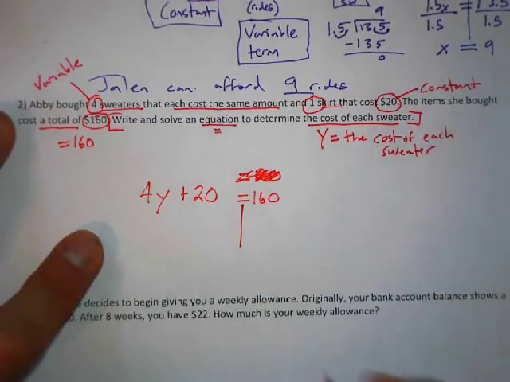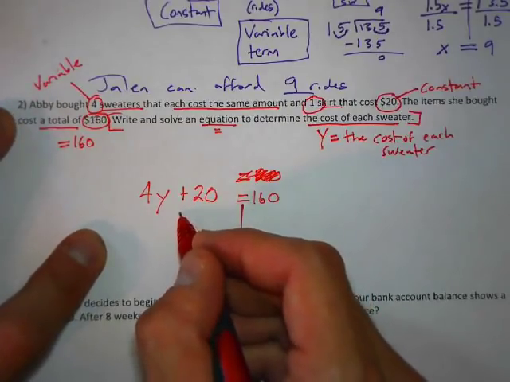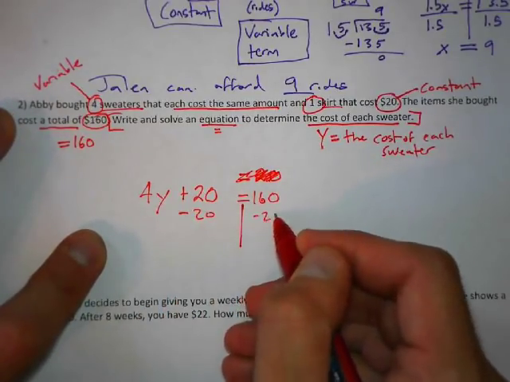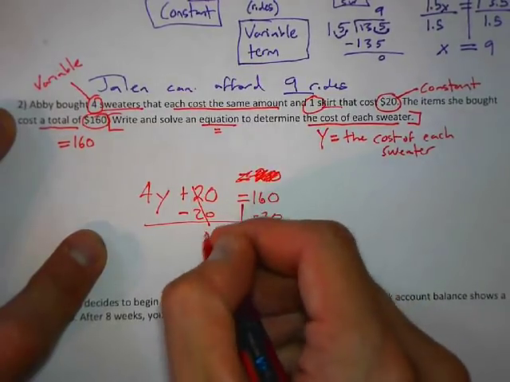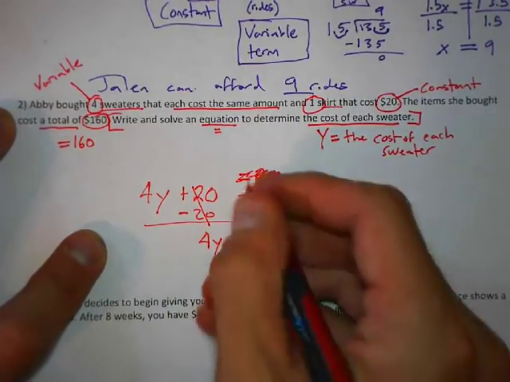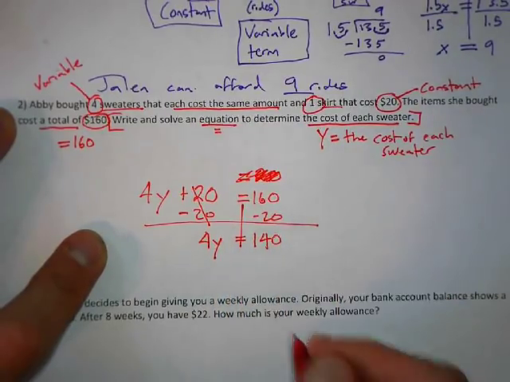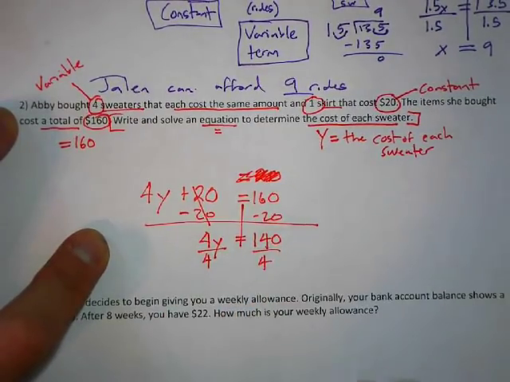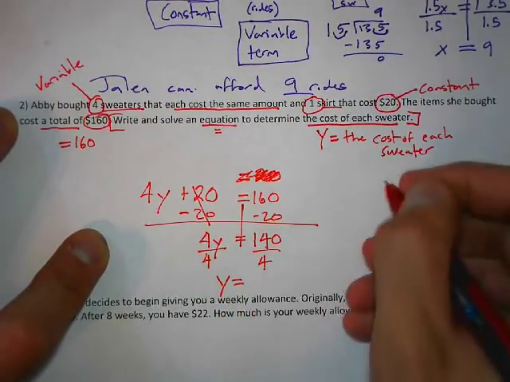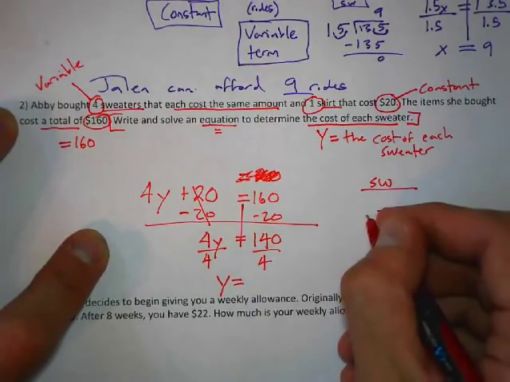Let's go ahead and solve it. Divide along the equal sign. We're going to first deal with the constant, subtracting 20 from each side. All that's left on the left side is 4y. And on the right side, we've got 140. And then we're going to divide both sides by the 4. I'm going to do some side work for that long division.